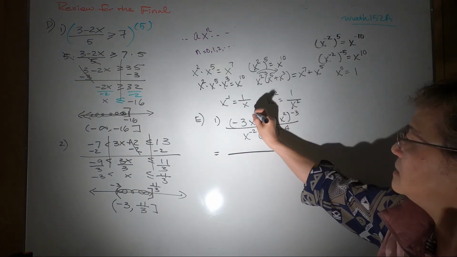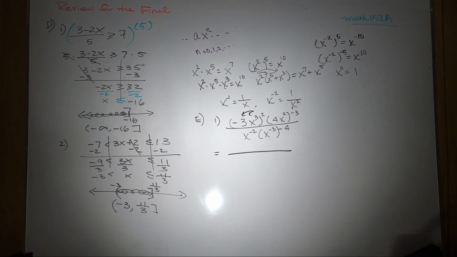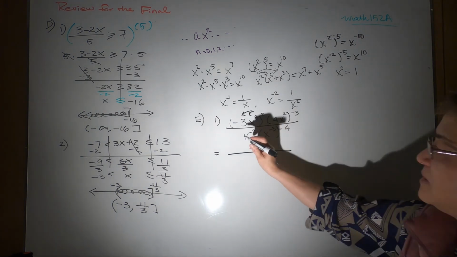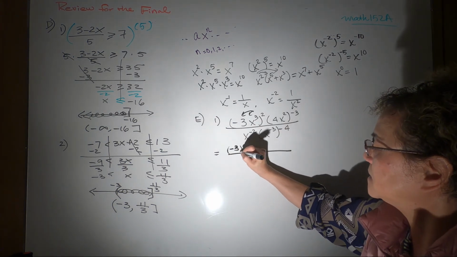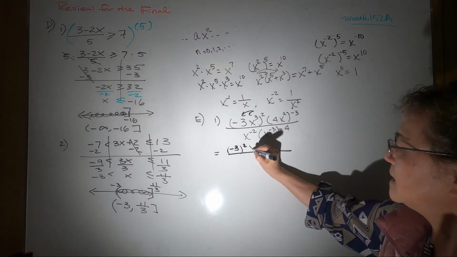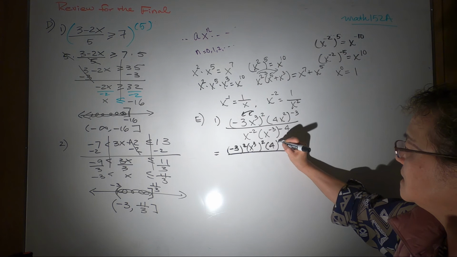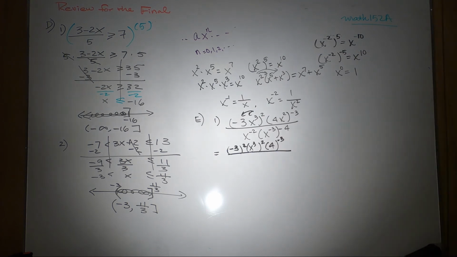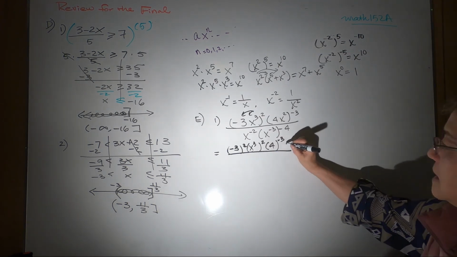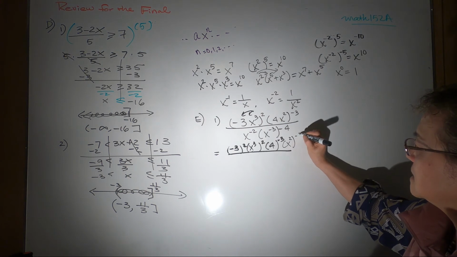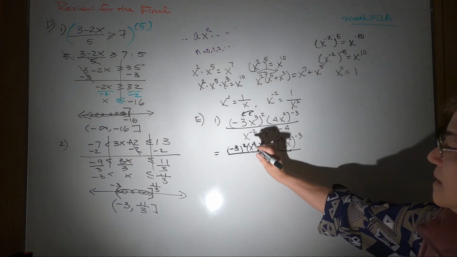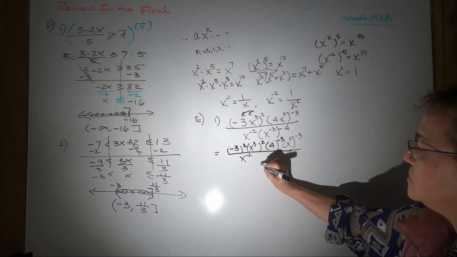So we distribute. That means negative 3 to the square, and x cubed to the square. Here 4 to the negative third power, right? And x squared to the negative 3 power. Then here is x to the negative 2.